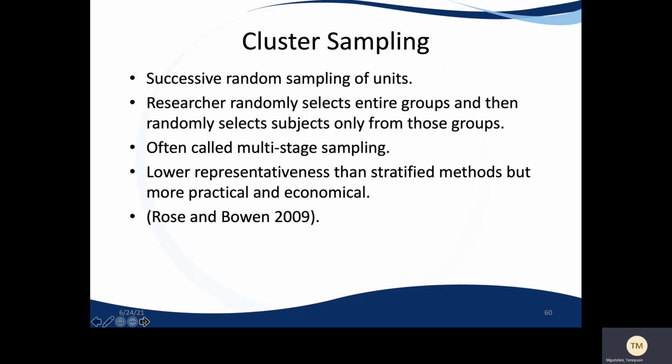Of course, there's lower representativeness than in stratified methods, because you don't sit and say, I want to ensure that I protect this proportion, and so forth. You don't function like that. You just literally are doing multi-stage sampling, and then sampling from the sample, and sampling from the sample, and so forth.